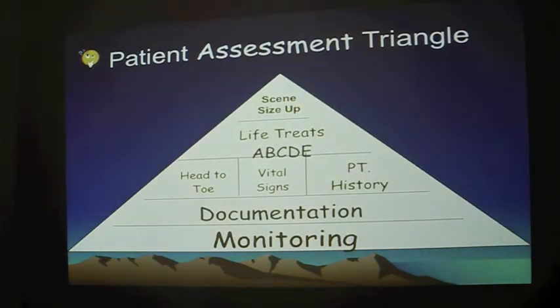Okay? Then the next is that we have to determine in our scene size up, we have these 5 things. First we have survey. Then the next thing we have is we have to determine our mechanism of injury or our nature of illness. Then after that, we have to establish our body substance isolation. This is BSI.